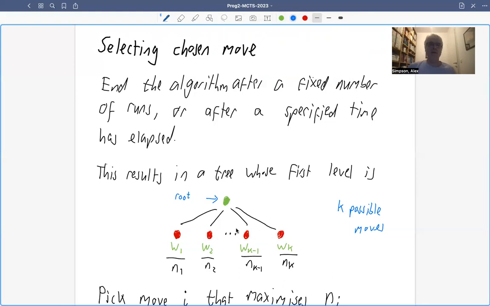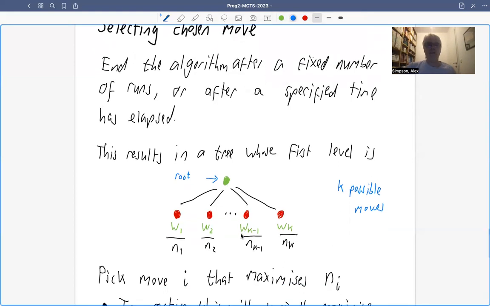For each of the children nodes, assuming we've run it a reasonable number of times, we're going to have expanded all these nodes and visited them many, many times. So we'll have statistics for all these nodes. Each of these represents the winning count. Here I'm marking down the green WI, the number of times green has won, calculated from the red WI: NI minus the red one gives the green one.